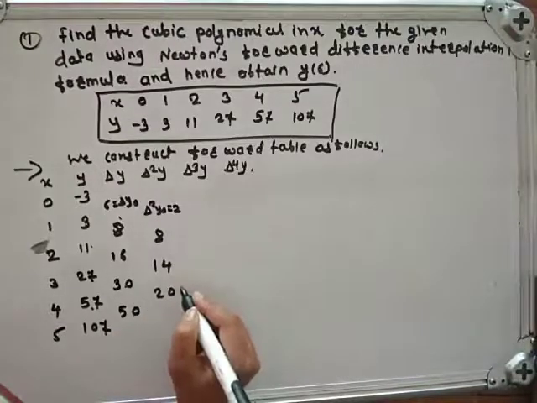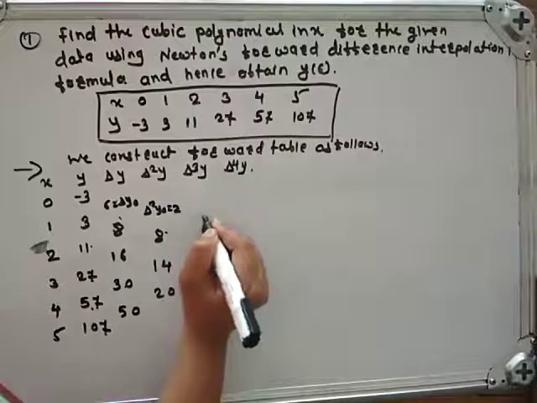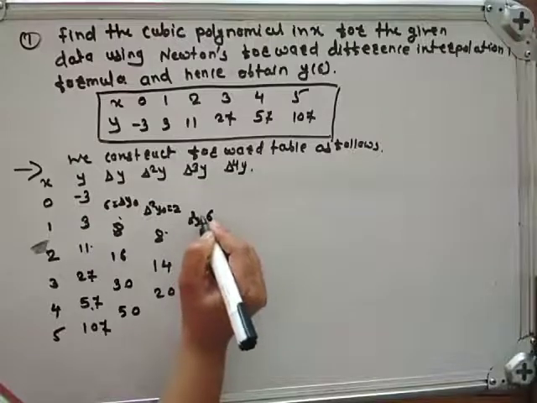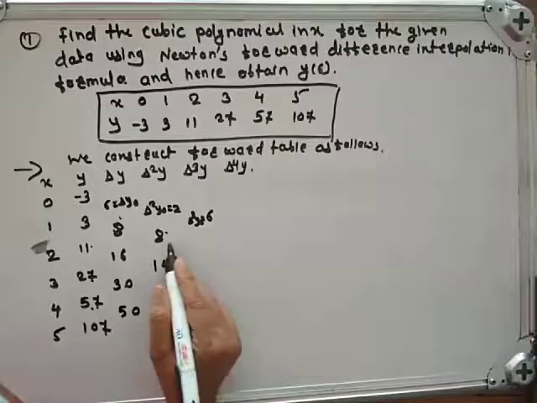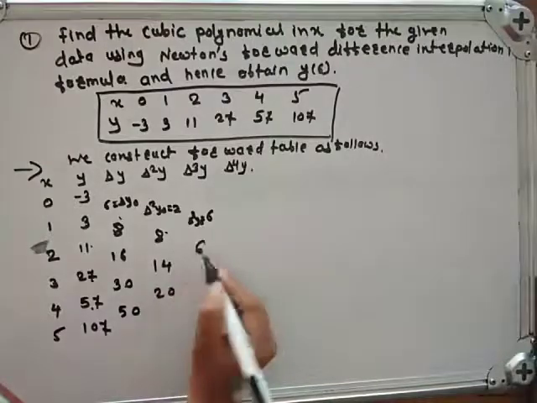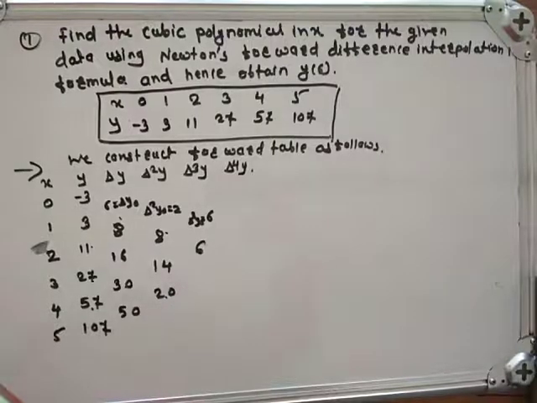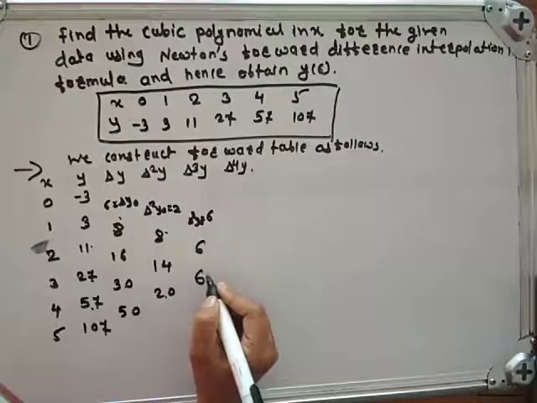Next, 8 minus 2 is 6. This is delta cube y0. 14 minus 8 is 6. 20 minus 14 is 6.